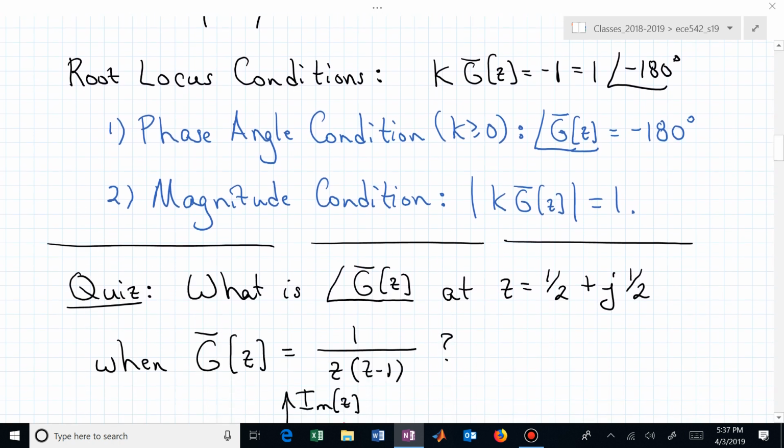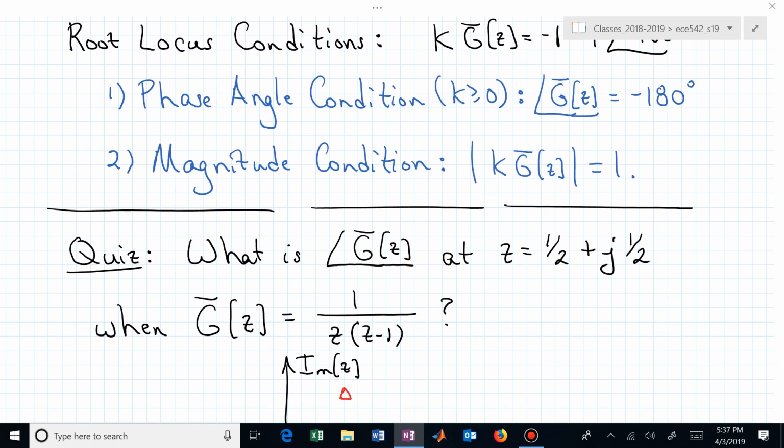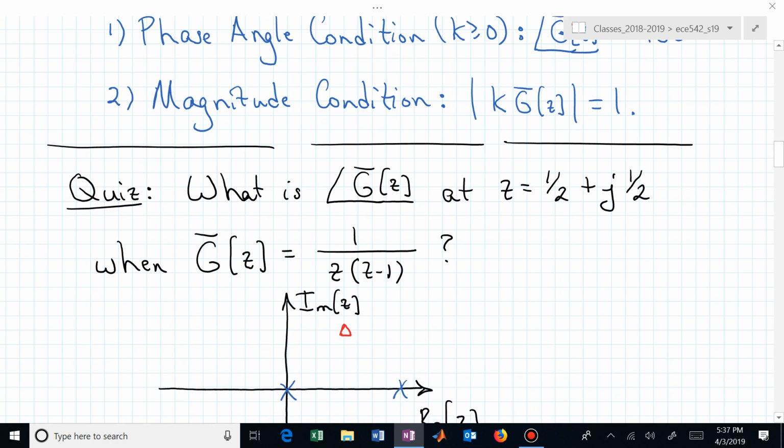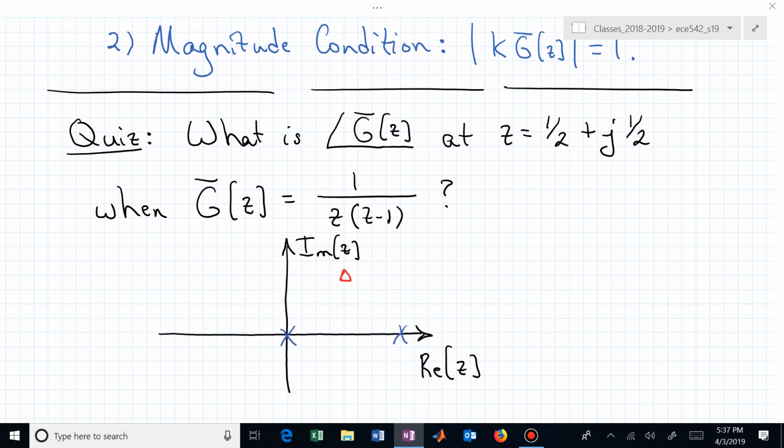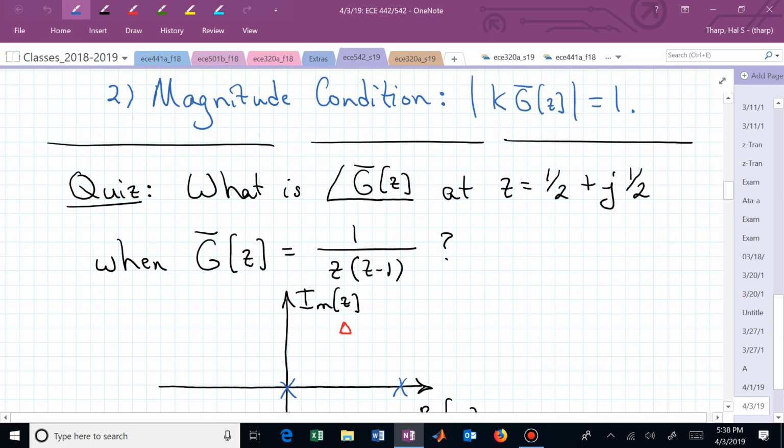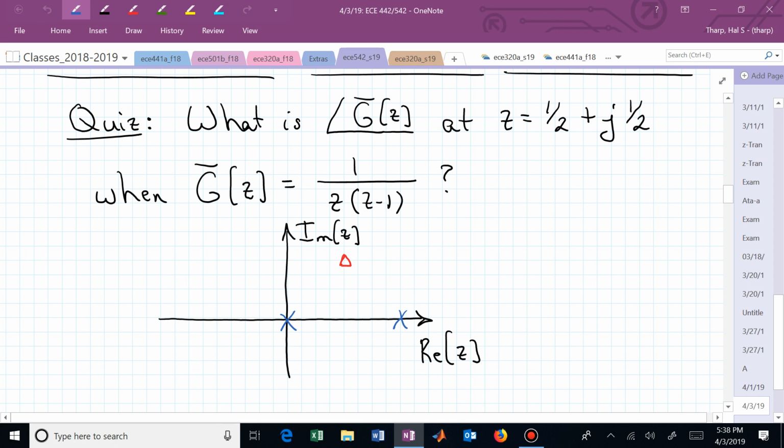Here's the quiz. What is the angle of this transfer function g bar of z at a particular point in the complex plane, where that particular point is indicated by the red triangle? That point is supposed to be at a value of 1/2 plus j 1/2.